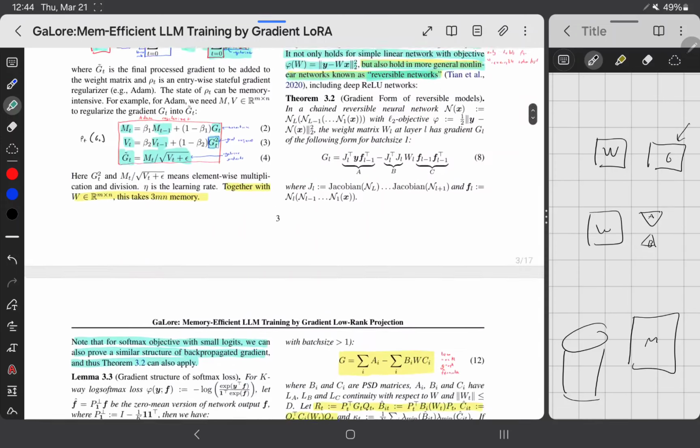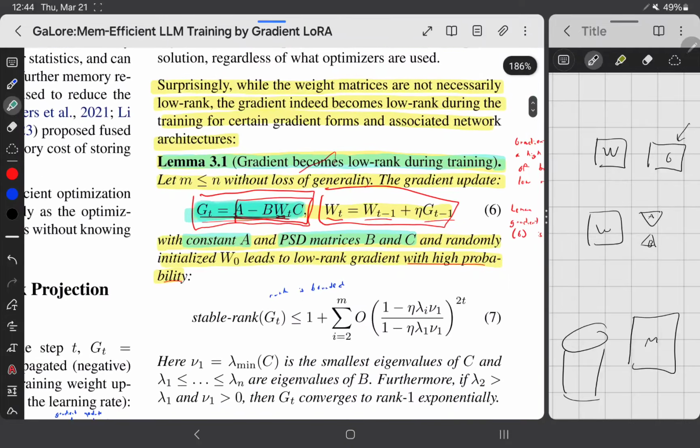So yeah, if you can represent the gradient like this, it is low rank. So they basically prove that your gradient is low rank because you can represent it as this. And they leverage this property, they represent the gradient this way, and it allows them to leverage this low rank property of the gradient.